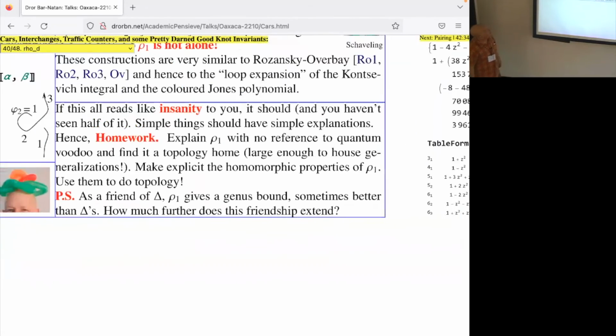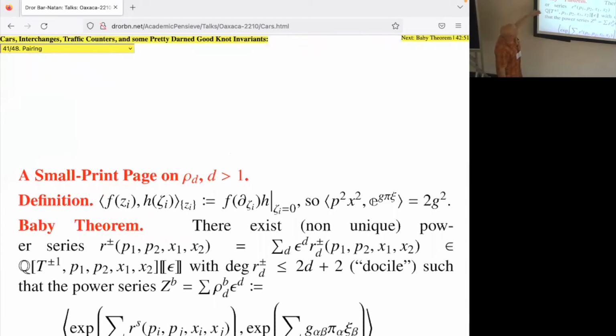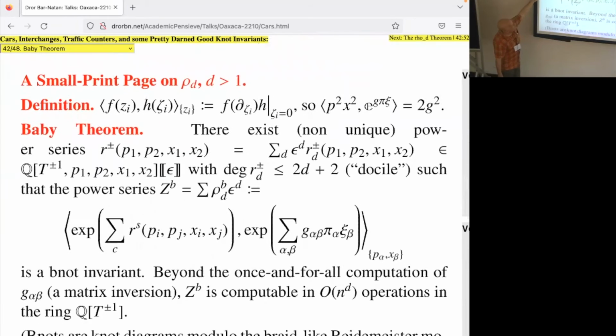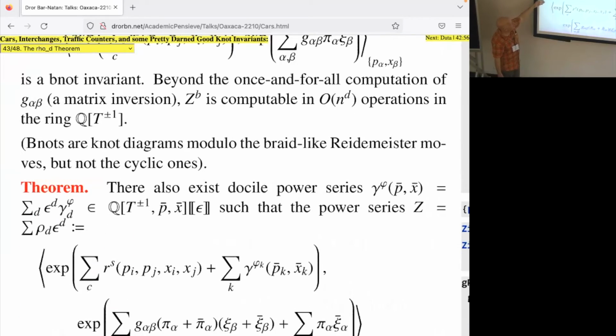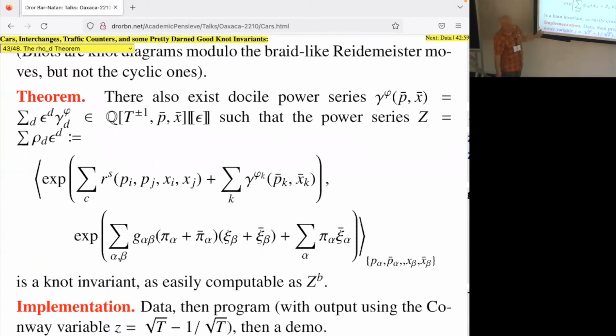And I think I want to end by not showing you the last page of the handout, which is a similar implementation of row D for D greater than 1. So first of all, the theorem becomes a bit harder. Here's the baby version, and here's the full version. So it's harder to state, but it's still polynomial time to compute.